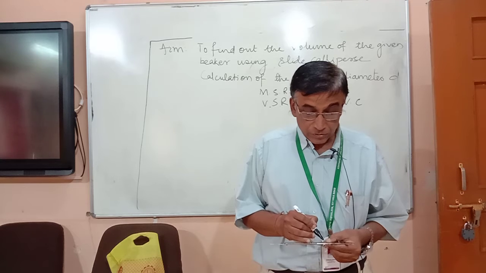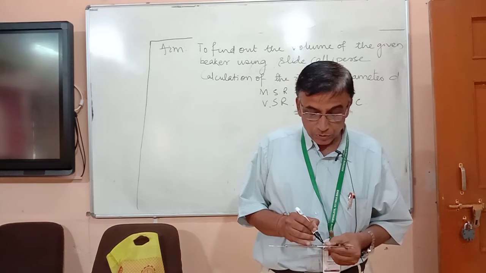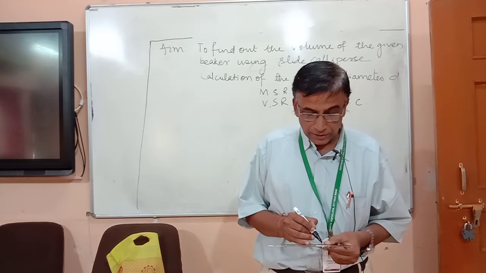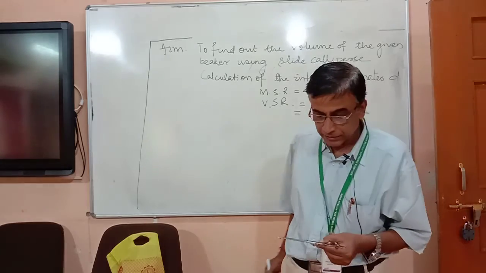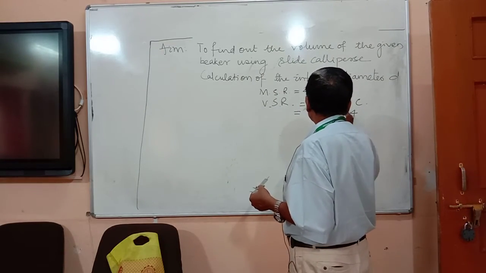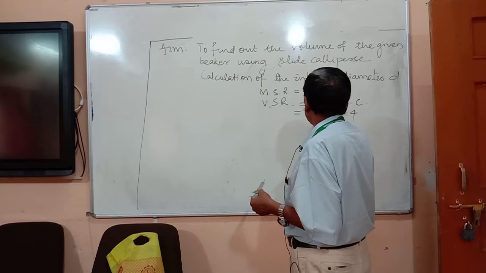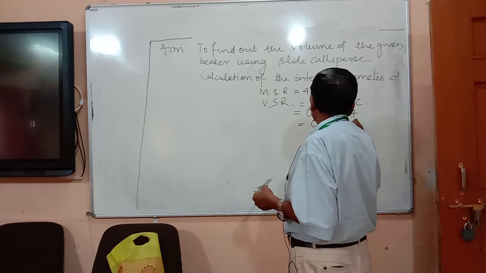So first 1, 2, 3 and 4. The fourth one of your vernier scale is coinciding exactly. So vernier constant is 4, least count is 0.01 centimeter. So this becomes 0.04 centimeter.